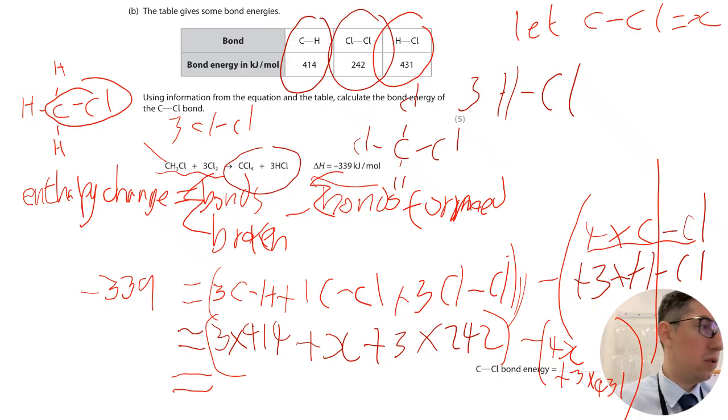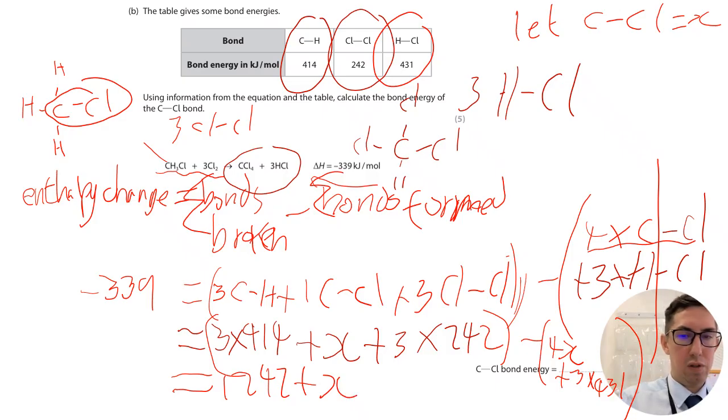So that's going to come out to, on the calculator, 3 times 414, we've got 1242 plus x, 3 times 242, so plus 726, and then we have minus, let's put brackets, 4x plus 3 times 431, so plus 1293, and that's all going to equal minus 339.